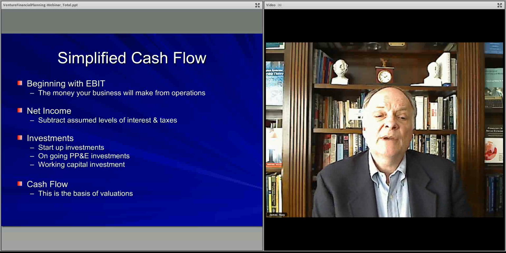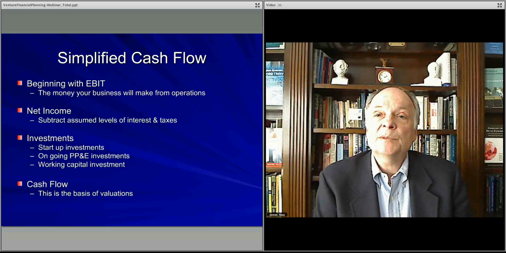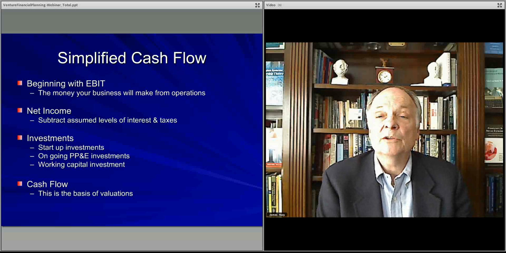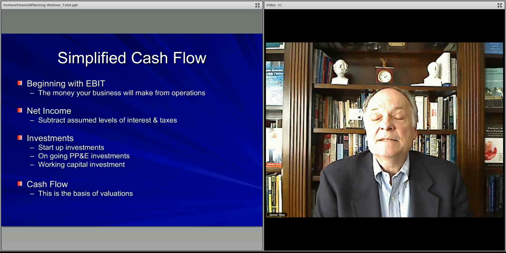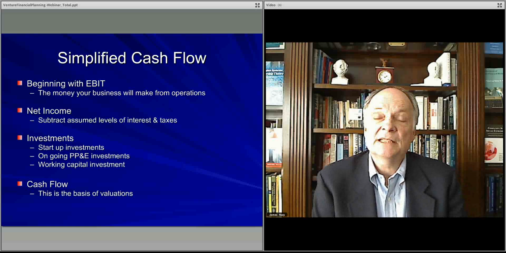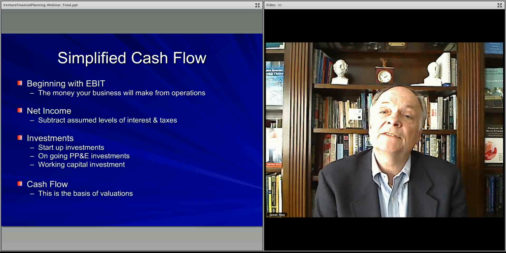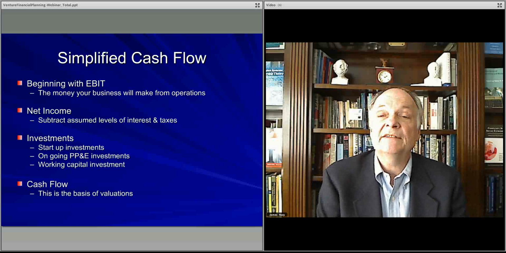And lastly, you have working capital, which is the amount of money that you have to put into the business. You invest in the business. It has value benefiting the business going forward in terms of supporting its operations, but it actually stays in the business once you put it in. For example, inventory. As long as you have a growing business, you always have to have inventory.